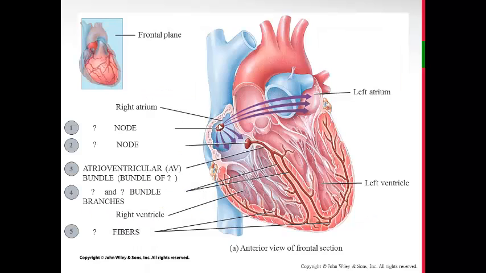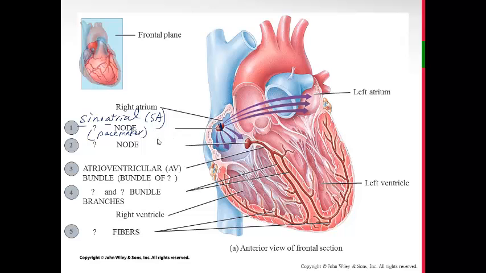So starting from the first one, okay, this first one is located in your right atrium. So we call it the sinoatrial node or SA node. So SA node is a very important pacemaker because they set the tone for the following actions.